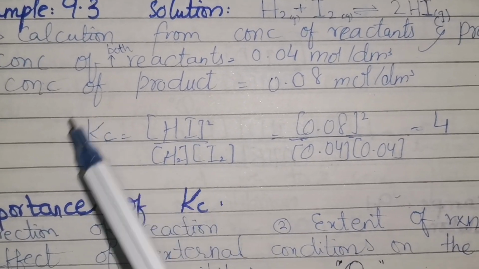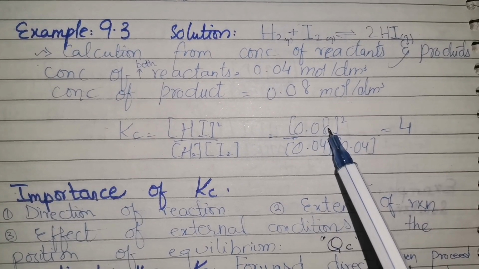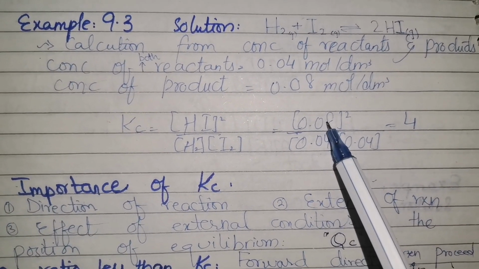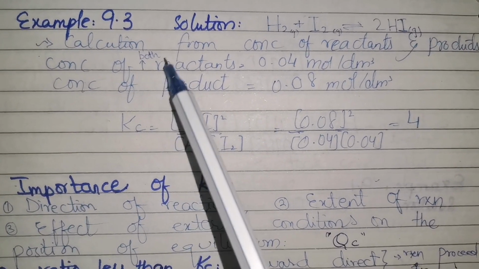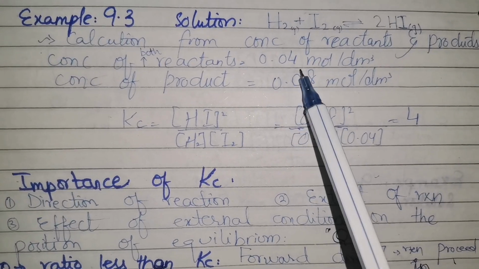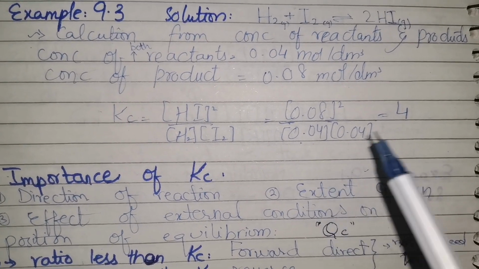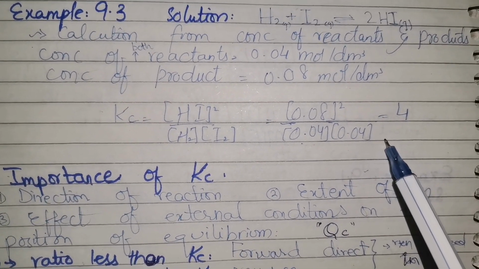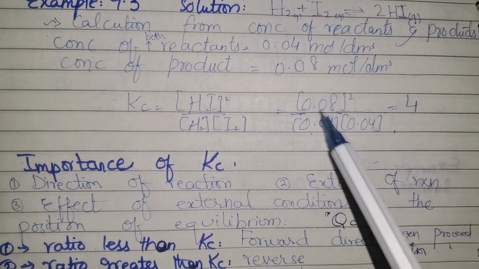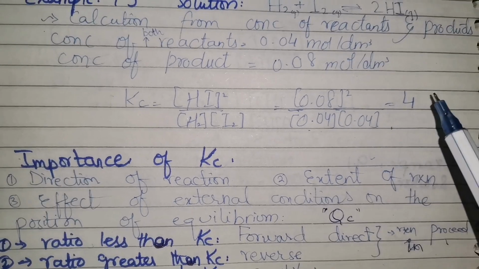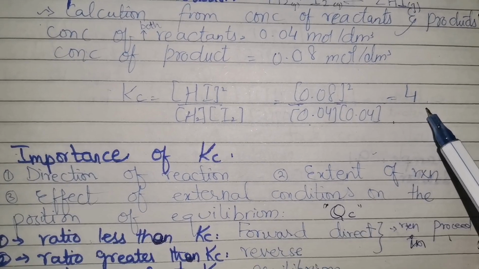So when we write Kc, which is product divided by reactants, the concentration of product is 0.08 mole per dm cube and the concentration of reactants is 0.04 for H2 and 0.04 for I2. After opening this and calculating all these values, we get the answer 4. So the value of Kc is 4.